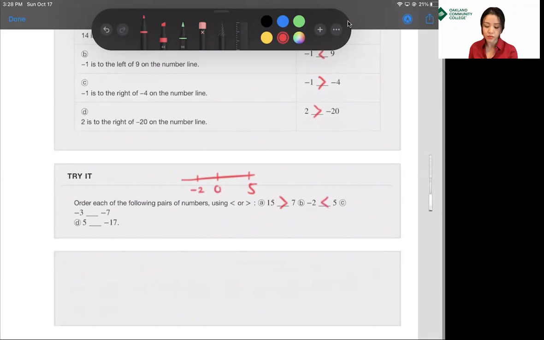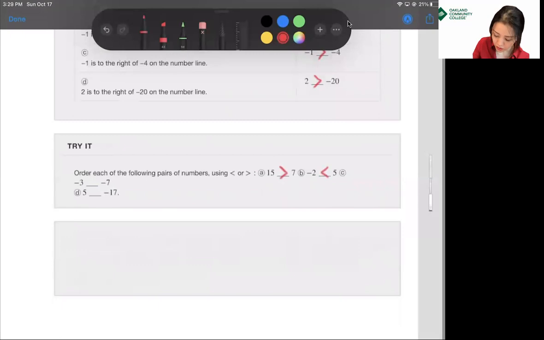What about -3 and -7? Let me erase this. I'll draw a different number line. Here is 0, 1, 2, 3, all the way to 7.